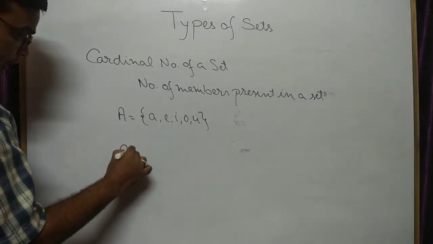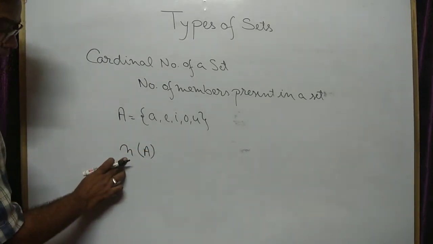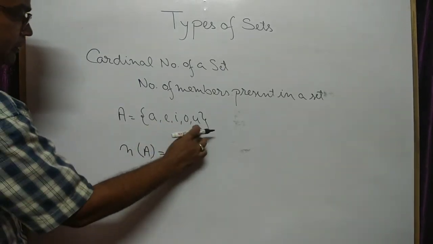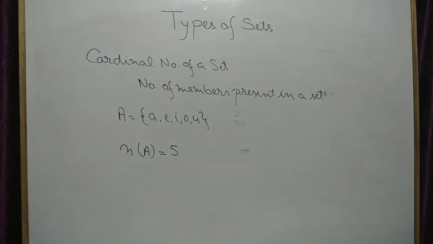See the symbol n of set A. This we read as cardinal number of set A is equal to, then we count the members and write down the number.